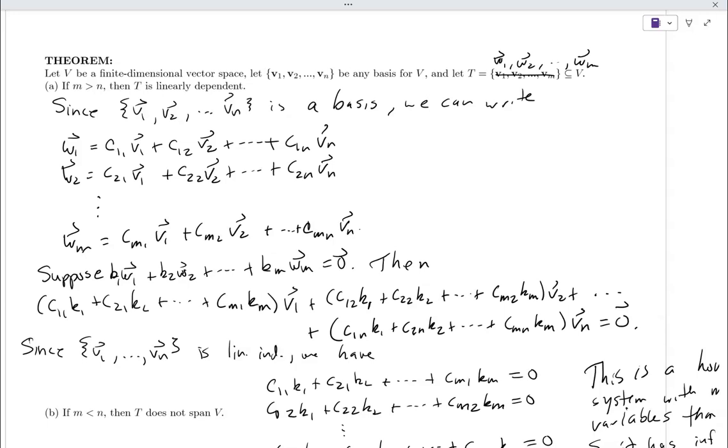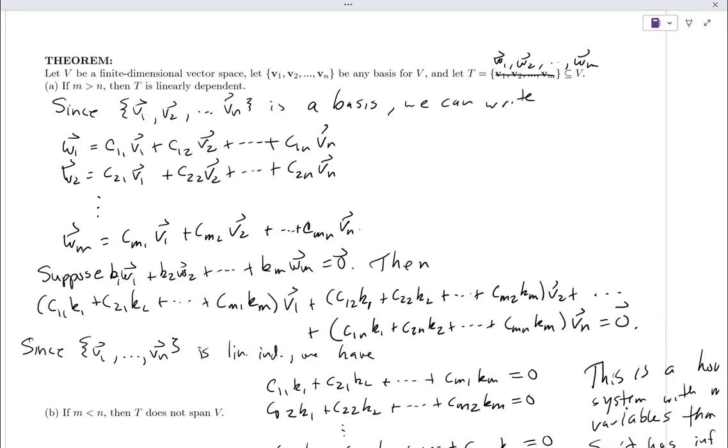The proof is the same basic concept. To show that it doesn't span, you'll get the same contradiction. You just go the other way around: assume that it does span, and then write each of the vectors in the basis in terms of the spanning set, and then you'll get a contradiction that way. Like I said, I'll just send out an email with that so I don't spend time on it in class.